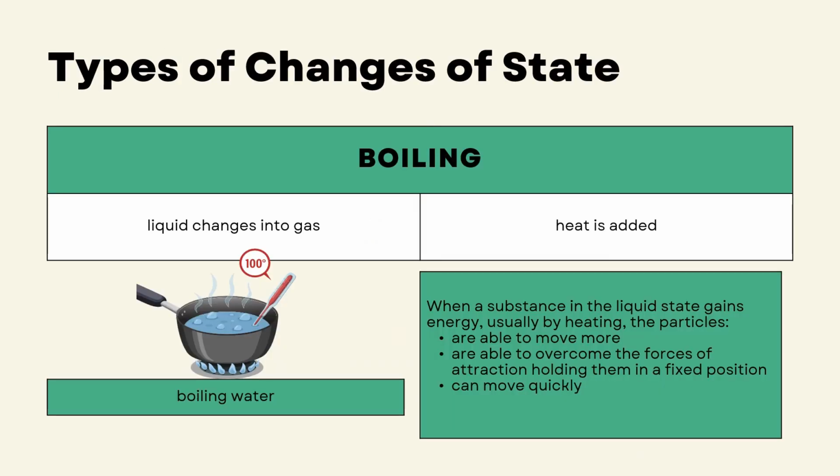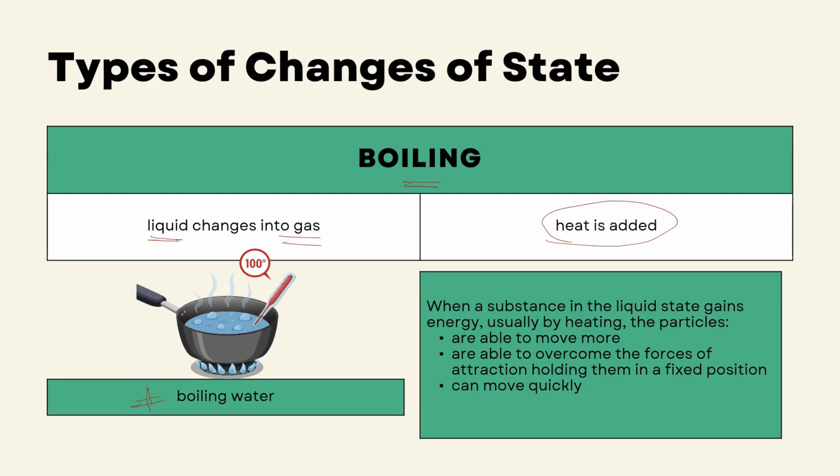The third type of change of state is boiling. Here, liquid changes into gas when heat is added. For example, boiling water. You can see the bubbles and they are forming steam.